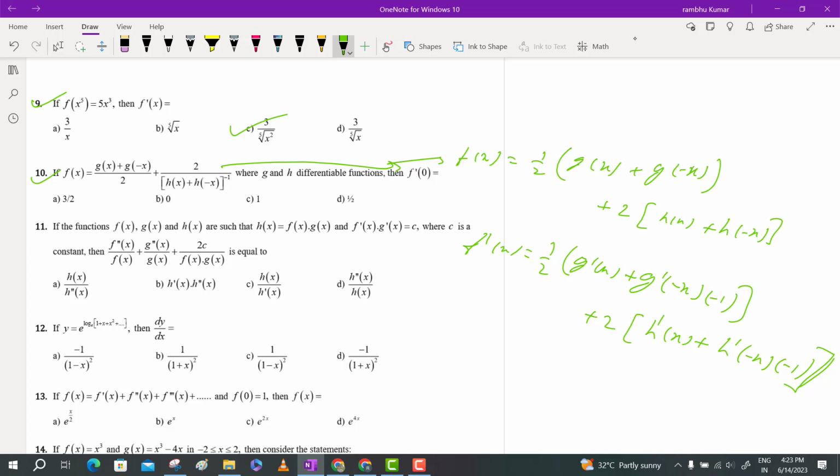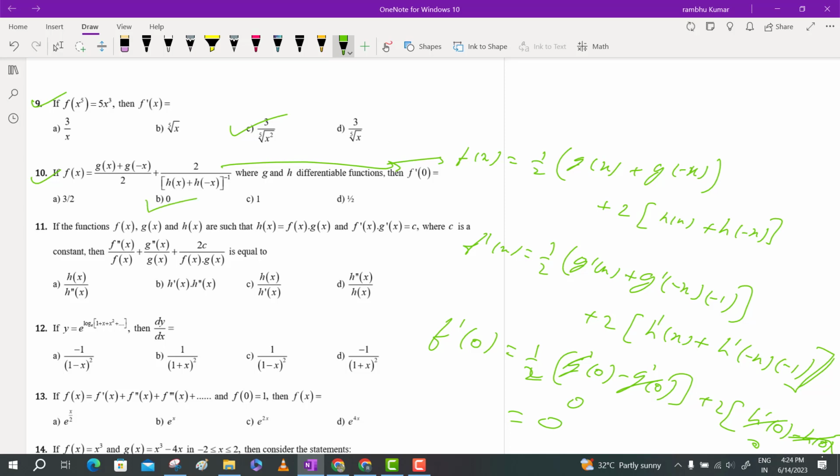Which means if you put 0, f dash 0 will become g dash of 0 minus g dash of 0 plus 2 into h dash of 0 minus h dash of 0. Okay, so this cancels, this cancels, means 0 and 0. So 0 into 0 into 0, which means the answer is B.